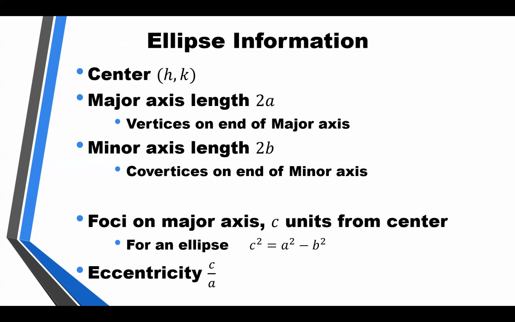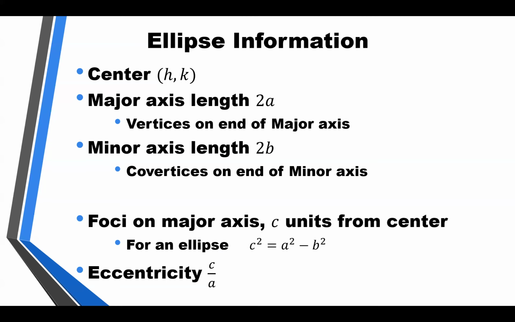Now, like I said, with the ellipse, we're going to have 2 foci. Foci is the plural of focus. And they're going to be located along the major axis, c units from the center. Now, for an ellipse, the way we find c is that c squared is equal to a squared minus b squared.